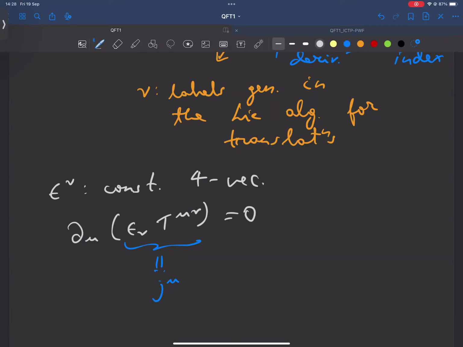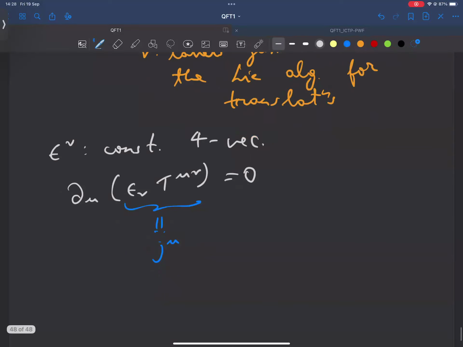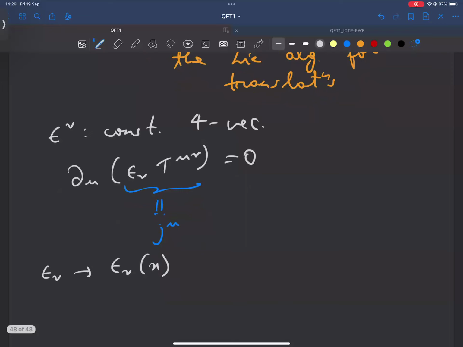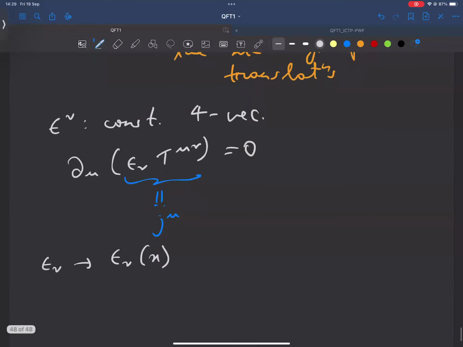Now, because we are discussing this, let me briefly mention why this way of looking at things is very essential when you want to promote epsilon nu to a space-time dependent function, which we did in the proof. But as we said, that was just a trick. This is not very essential for the class that we're doing on QFT, but we will see an interesting application of thinking in this way.